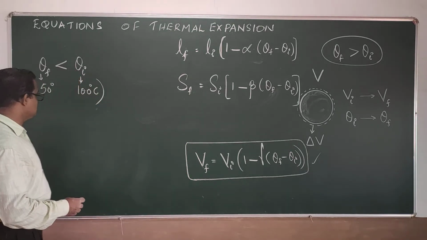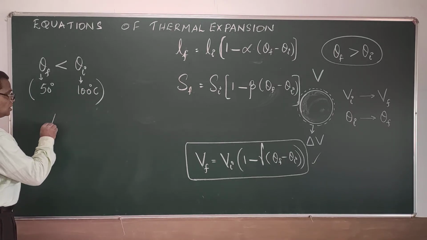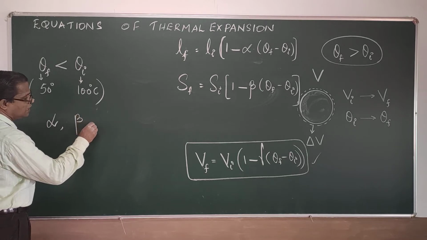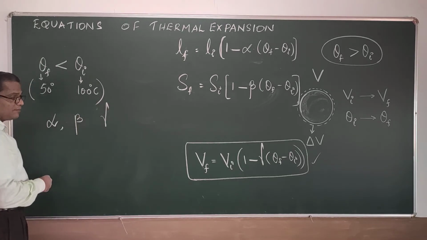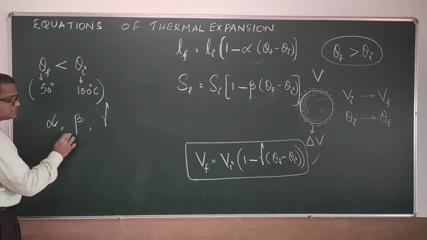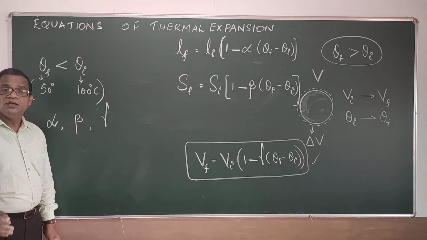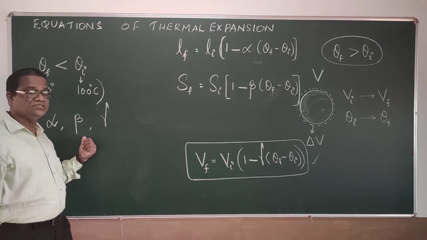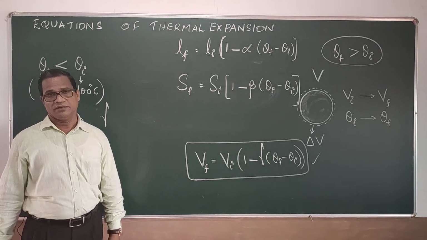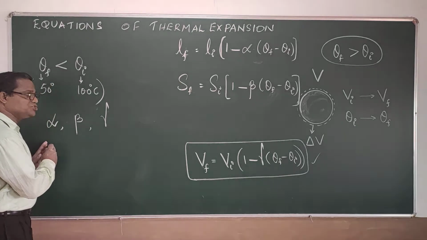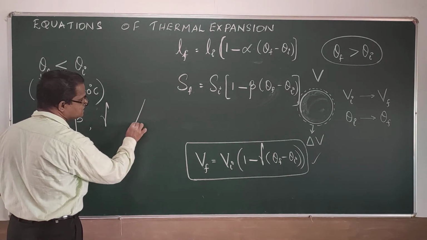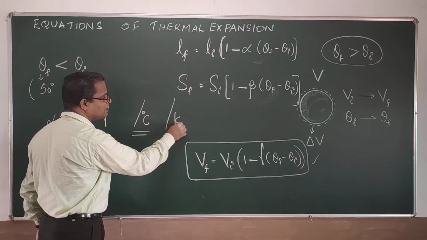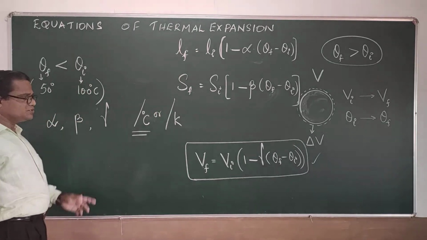Another fact to be noted is that you came across three coefficients of expansion: alpha, beta and the third one, gamma. All these three represent coefficients of expansion. One is linear, the other is superficial and the third one is volumetric. They have the same nature because the unit is either per degree Celsius or per Kelvin.